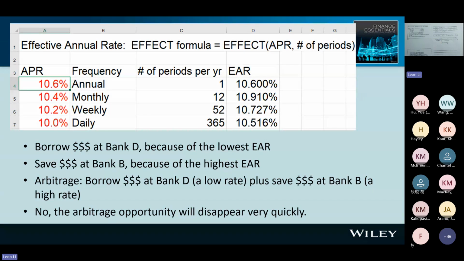So it's impossible for you to do arbitrage in practice if we have transaction cost. Given the transaction cost, your rate is not just a number, your rate is a range. The idea is if you borrow the money, you need to pay a higher rate. If you invest the money, you receive a lower rate.